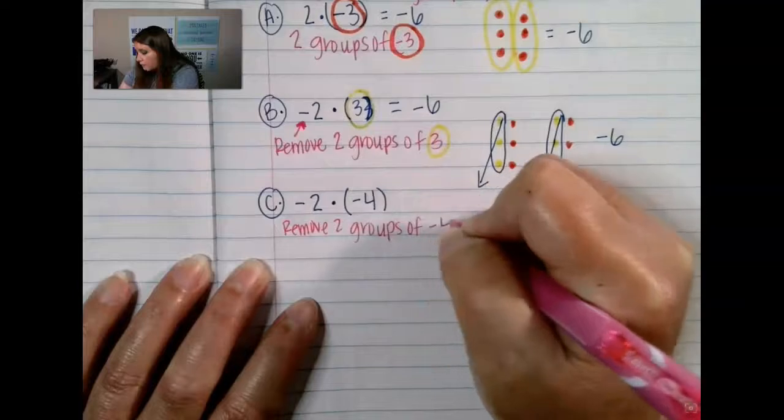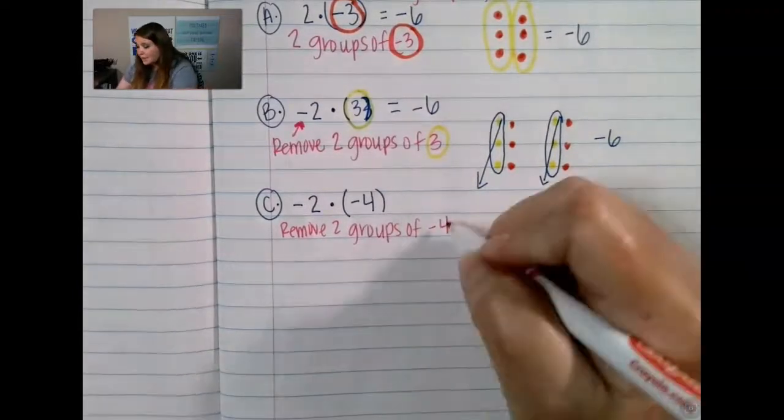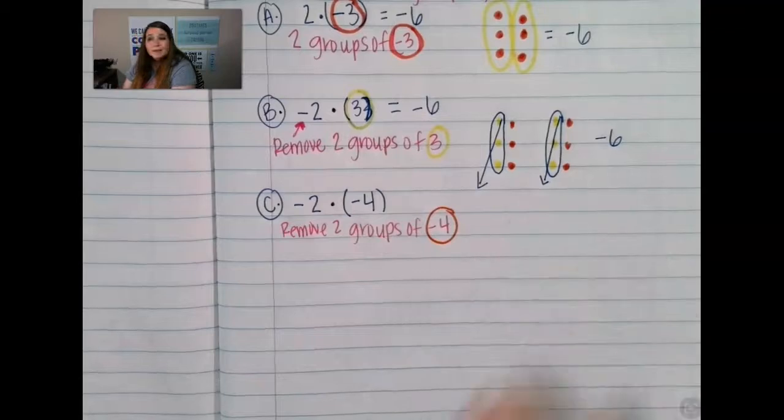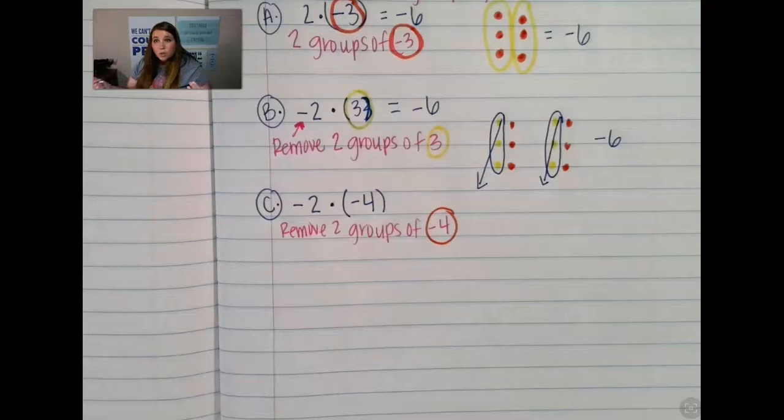Again, I don't have any negatives to remove over here because there's nothing there. So I need to make the possibility happen. In order to remove 2 groups of negative 4, I actually have to have 2 groups of negative 4 to remove. So I am going to create the possibility with 0 pairs, because we learned with our integer chips that when you have a red and a yellow stuck together, it's 0.